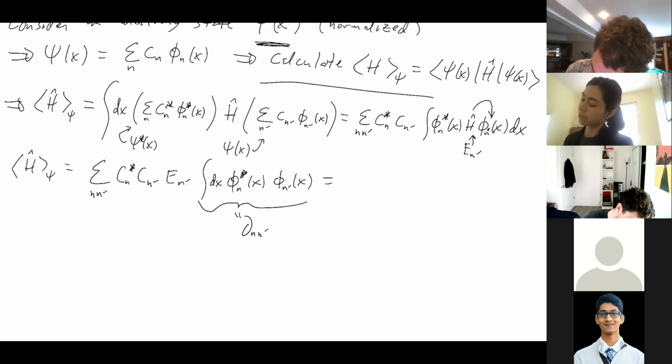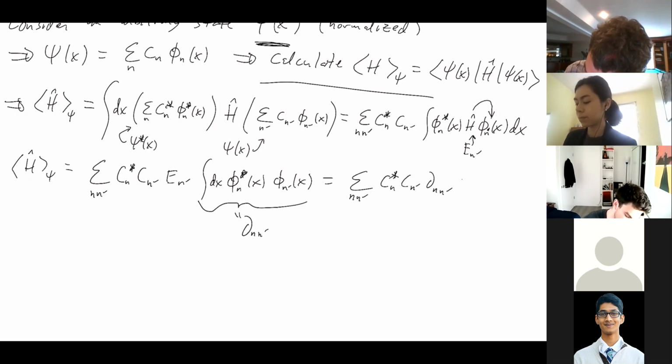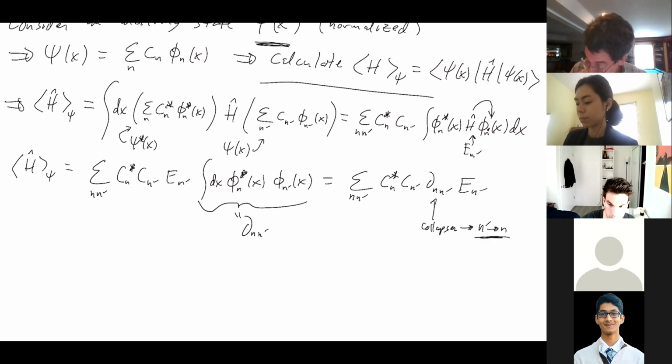And so this thing becomes the sum over n and n prime of C_n star C_n prime delta n n prime E_n prime. And you guys know the trick, this collapses the sum, and then n prime goes to n. That's what always happens when you have a Kronecker delta in there.